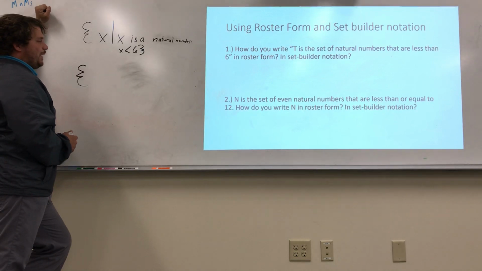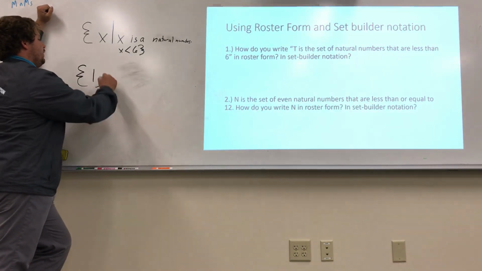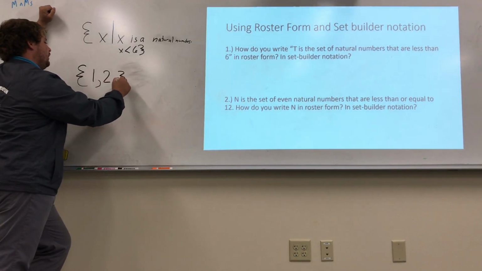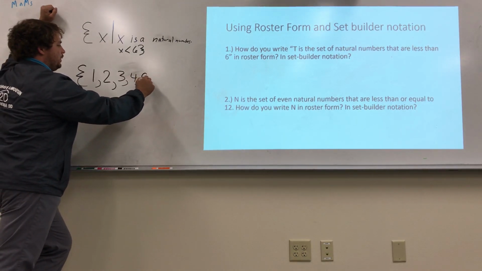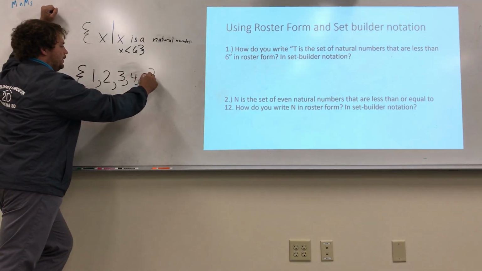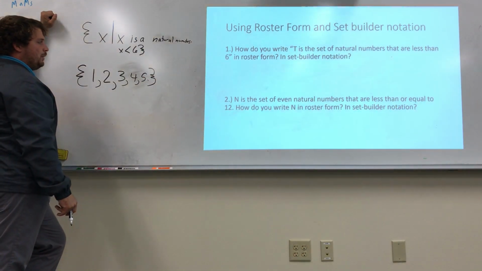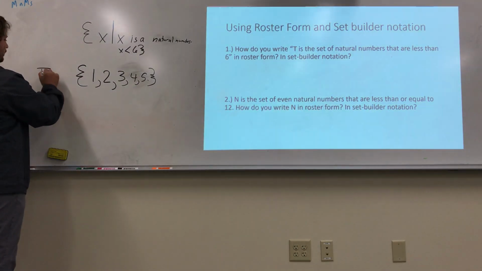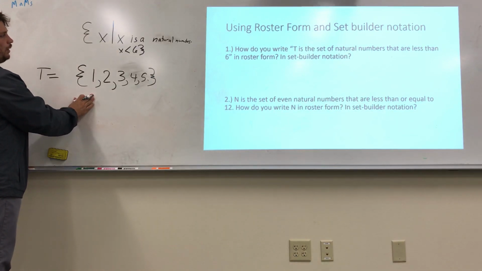So 1 is a natural number and it is less than 6. 2 is, 3 is, 4 is, 5 is, and that is it. 6 is equal to it, we do not have the equal part. So T equals this is roster form.